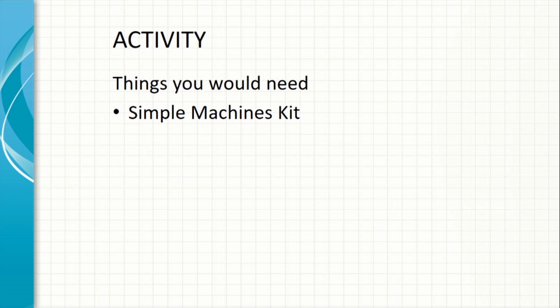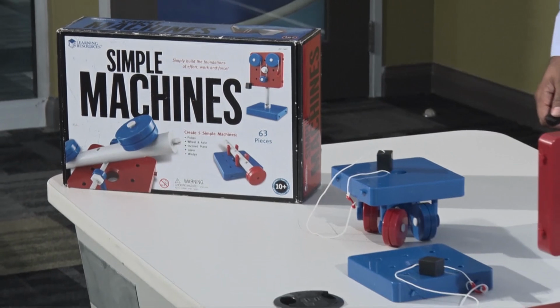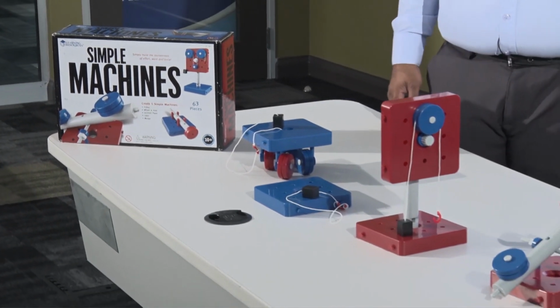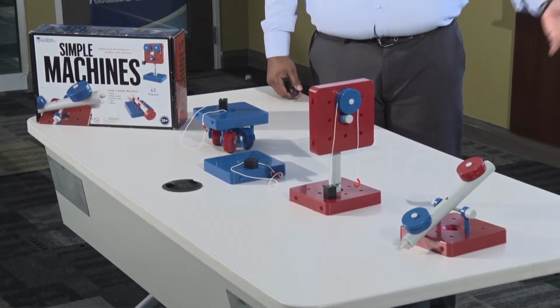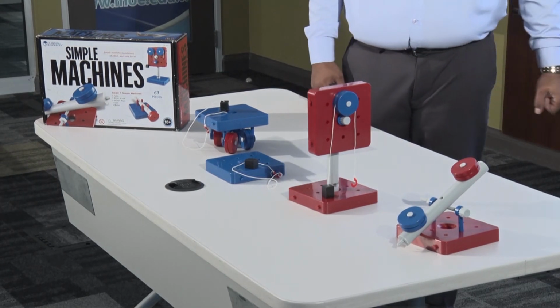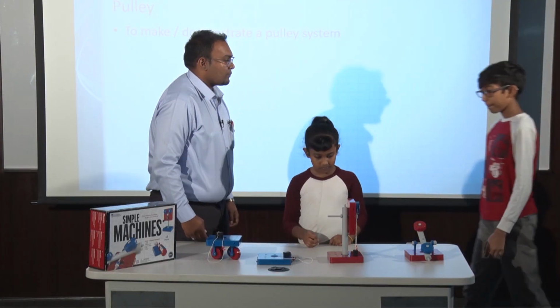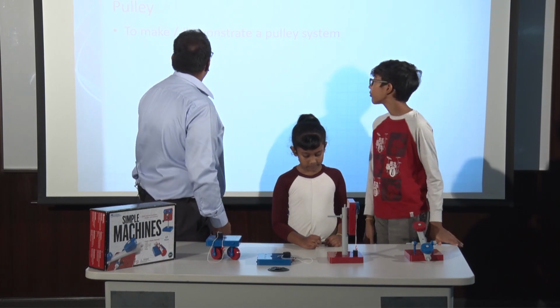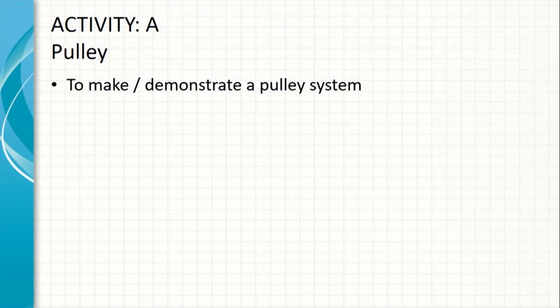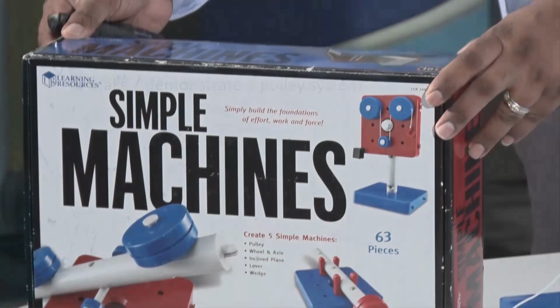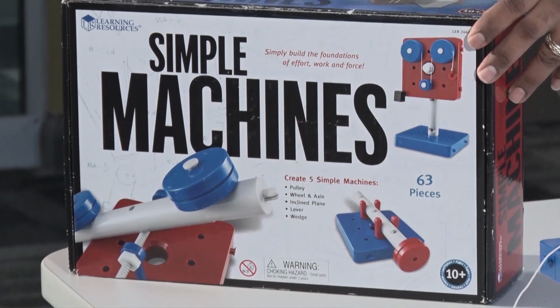So we will now move on to our activity. For the activity today, we would like to get assistance from Vritti and Aryan. So our first activity is the pulley, but before we move on to the activity, the things that we use would be found in the Simple Machines kit, which was supplied to schools by the Ministry of Education.